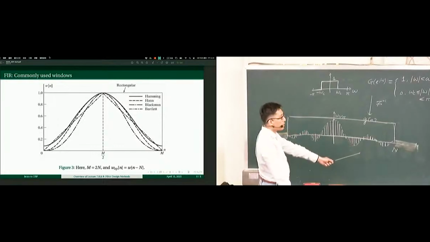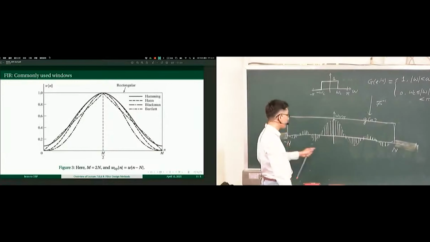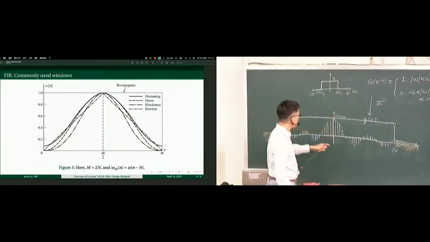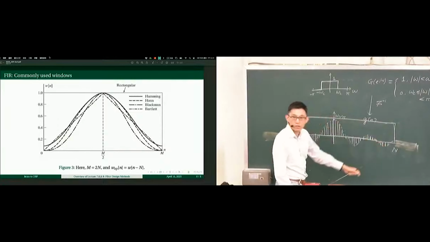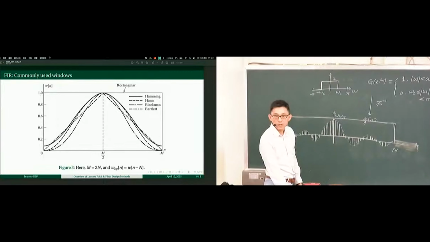And there's one issue about causality, by the way. Here the time goes from -n to n. So strictly speaking, your design is not causal yet, so you need to make a shift.